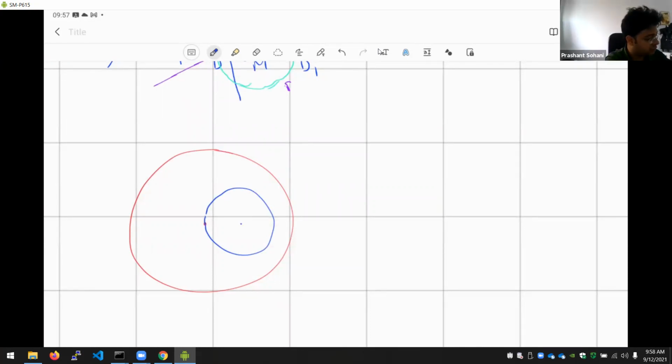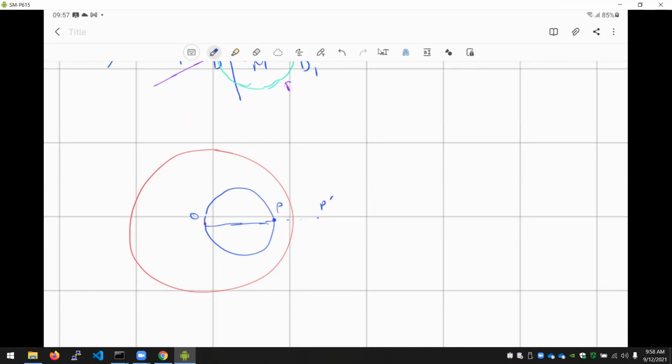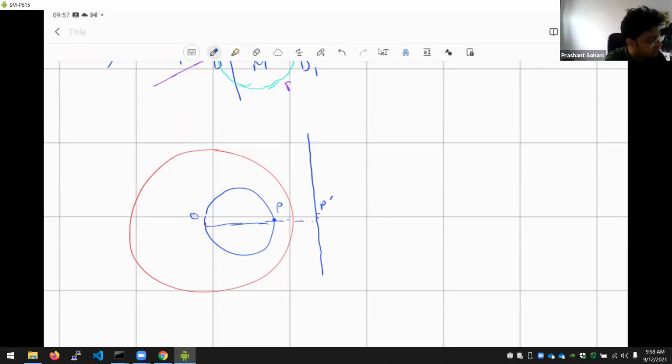So if I take the diametrically opposite point of this circle, if OP is the diametrically opposite point, then what is the inverse of P? It will be some point P dash, right? Yes, sir. And then the inverse of this circle is this line, isn't it? Yes, sir.